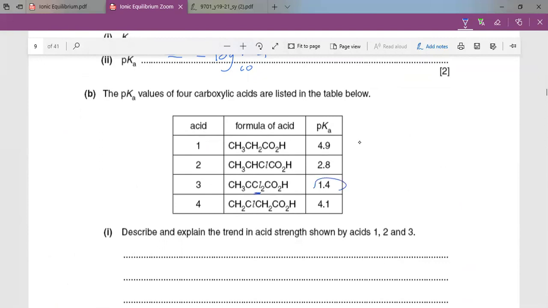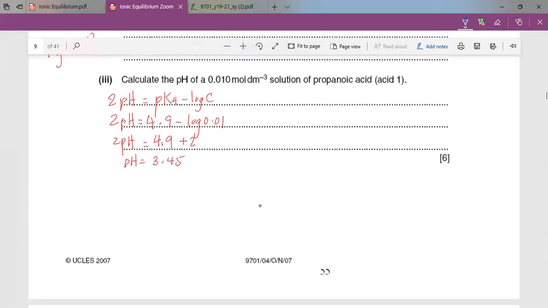Because Cl is electron withdrawing and there are 2, this has only 1, and this has none. So of course, the acidity will increase. This is why they ask for the trend 1, 2, 3. Why is this one more acidic than this one? Because of the distance. I explained all this already in your A2, I'm not going to do it again.